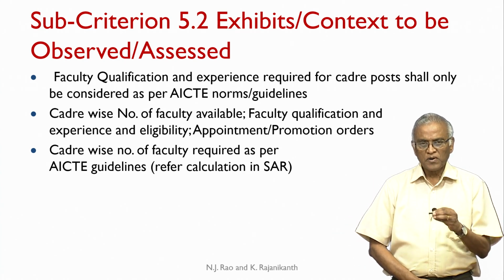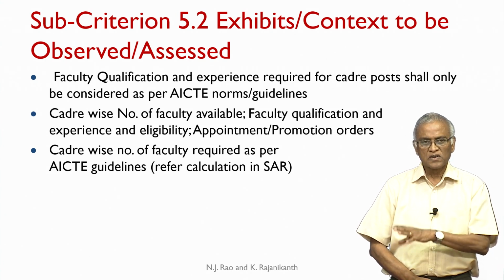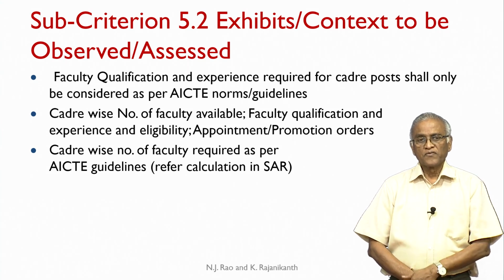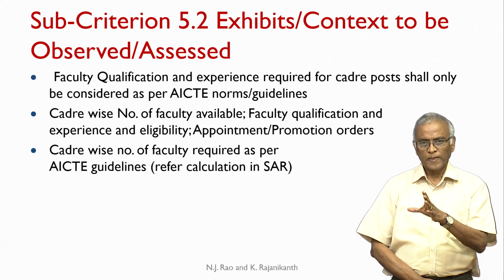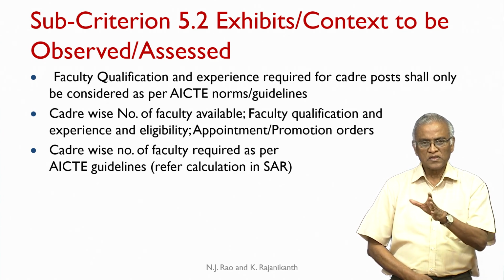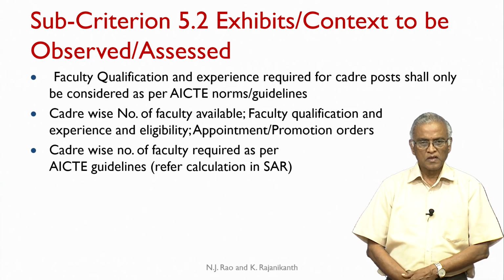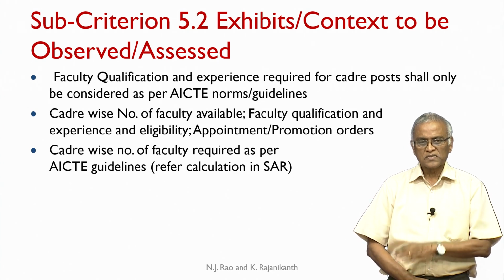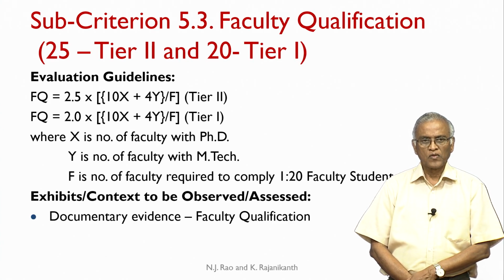Cadre-wise number of faculty available, faculty qualification and experience and eligibility, and you look at the appointments and promotion orders. So, the visiting committee will inspect all this documentation. So, the department has to make the files of all these available to the visiting committee, and also the cadre-wise number of faculty required as per AICTE guidelines.